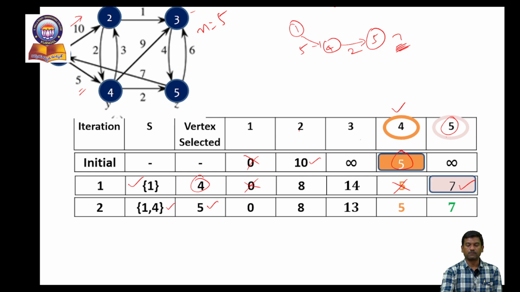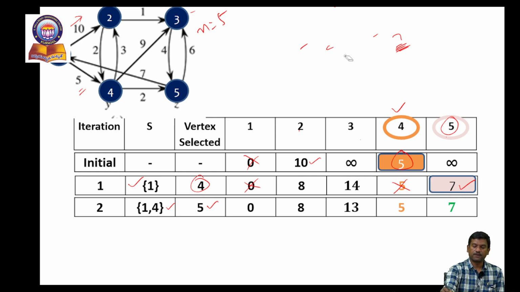And find out, how to find out? That is from 1 through 4 as well as 5, can we reach the other vertices? That is from the directions I'm including. What is the next vertex? That is 2.